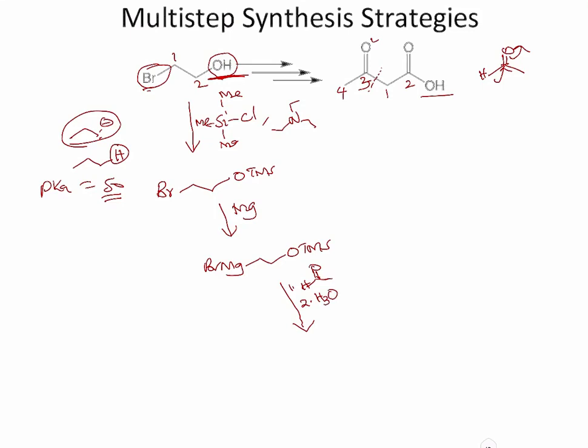Now, when we use acidic conditions in the second step, that is after we have done the Grignard reagent, that's going to install an OH, that is the hydroxyl group. So we're going to have this compound, 1, 2, we're going to have that OH.